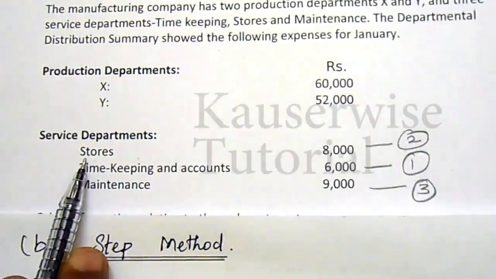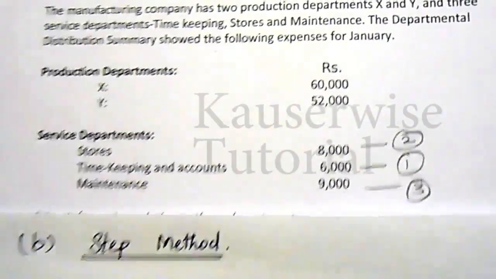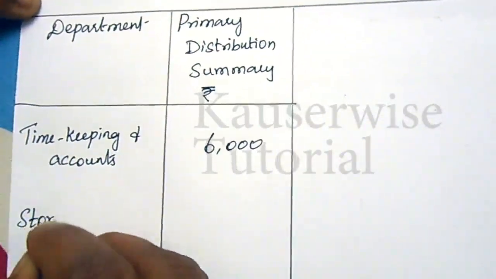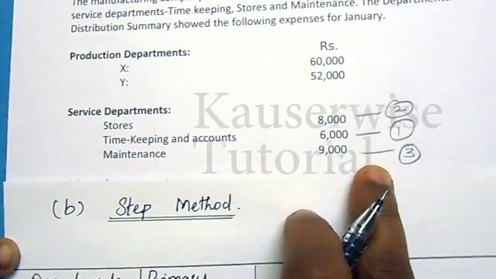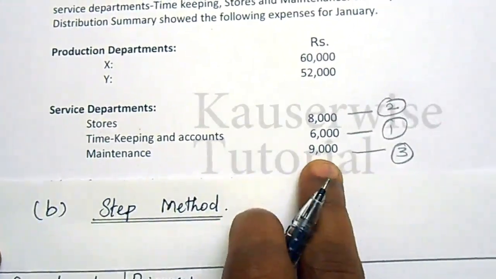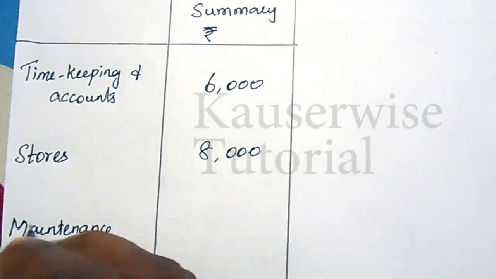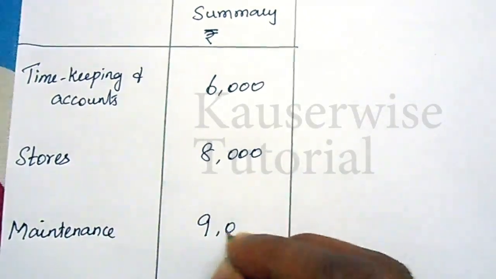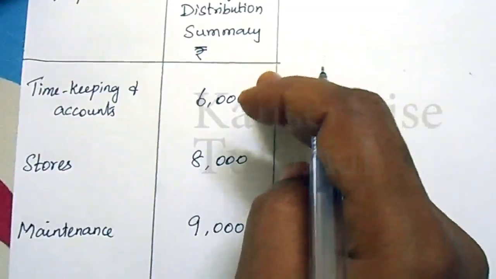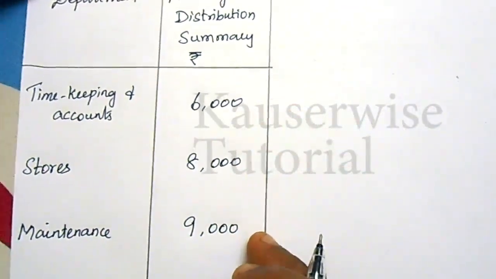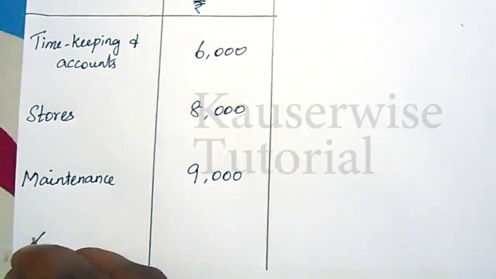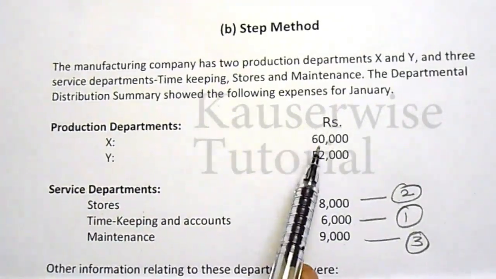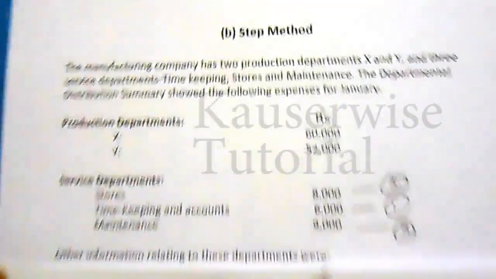Second sequence, stores 8,000. And the third one, maintenance. How much? 9,000. We have written all three service departments. Now you can add production departments also. Two production departments are there, X and Y. For X, how much? 60,000. For Y, 52,000.